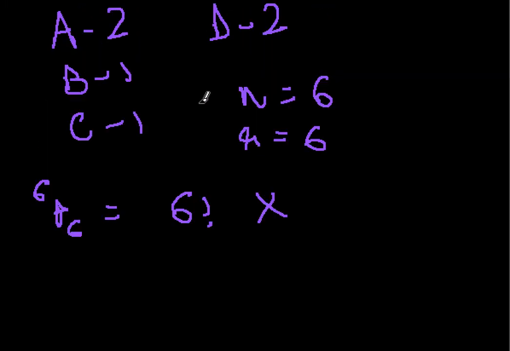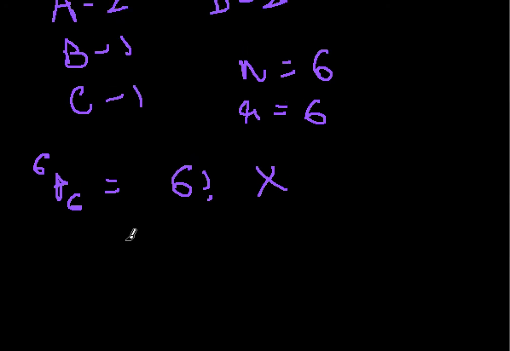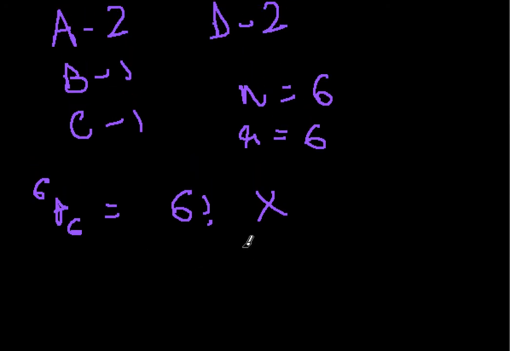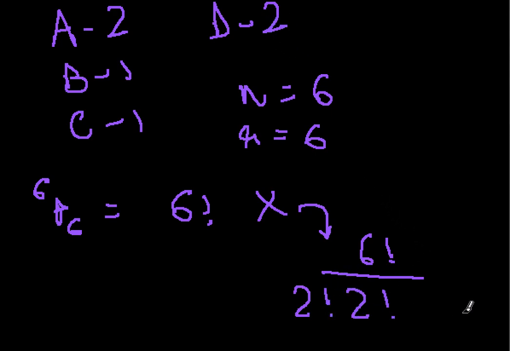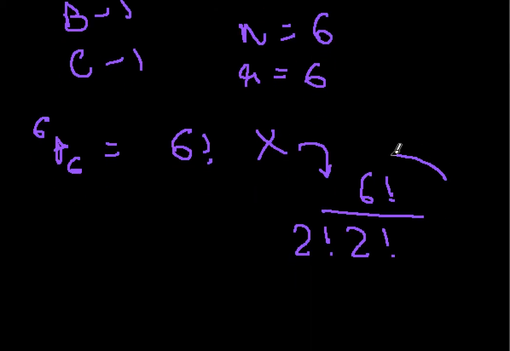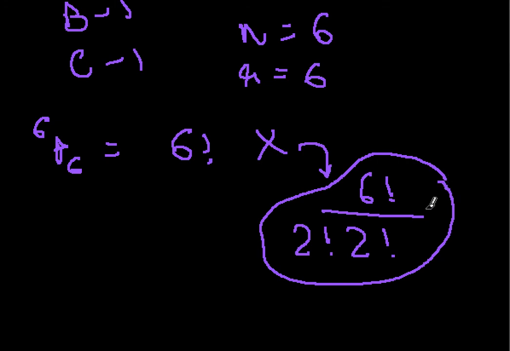So what is the total number of permutations in this case? It is not 6 factorial, but 6 factorial upon the number of alike characters for A, that is 2 factorial, and the number of alike characters for D, that is again 2 factorial. We don't have to write 1 factorial because that is anyway 1. This is the required number of permutations, and it should be kept in mind because it is used in many cases.